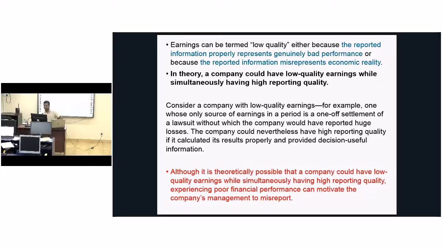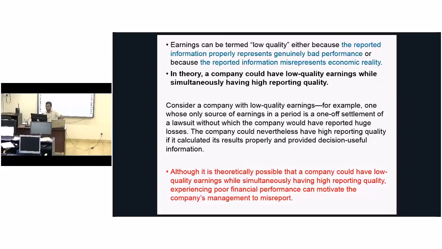Look, that's what I said previously. On one side they misrepresent the economic reality. Actually they are bad, therefore they sometimes don't disclose. Therefore, we call it low quality, right?